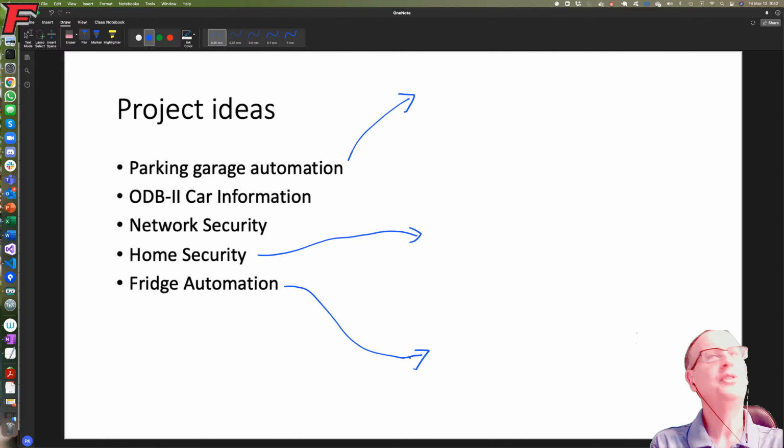So Fahim, I'm assuming you're going to be interested in the parking garage one, right? Kind of. I would hope so, since you proposed it.